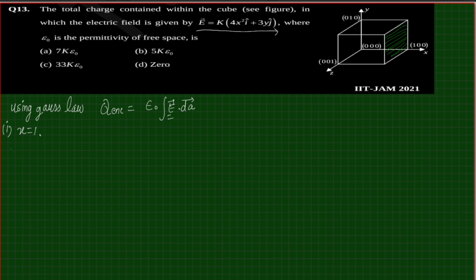At x equal to 1, dA will be dy dz, and the direction will be x cap, which we can also write as I cap. So Q enclosed will be epsilon naught times E dot dA. The electric field is this one, and we take the dot product with dy dz I cap.